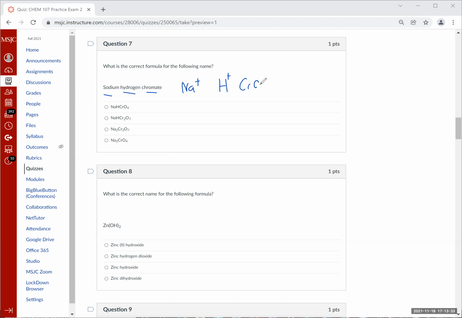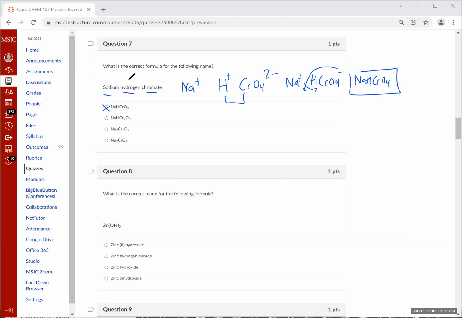Chromate is CrO4 2-. So then hydrogen chromate, we'd have sodium plus, hydrogen chromate is HCrO4-. Crossing the charges, we get NaHCrO4 as the formula for sodium hydrogen chromate. Does this make sense? Any questions on this example?